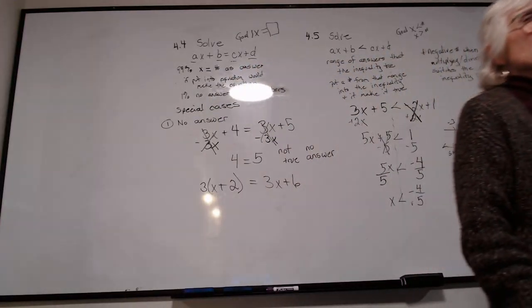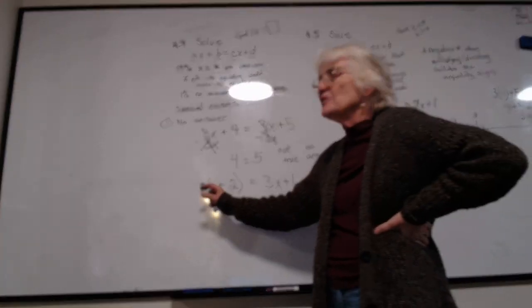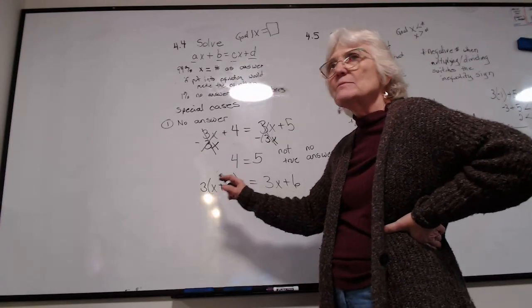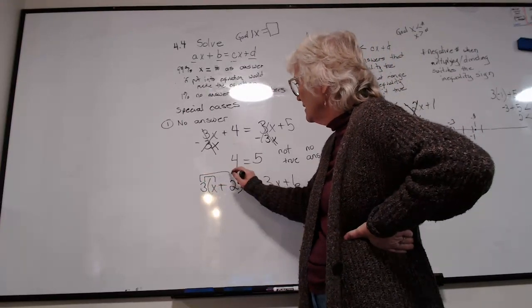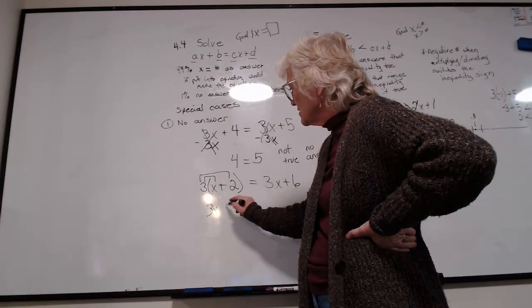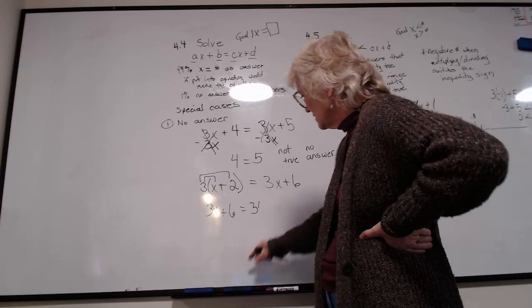I want to make this a little harder, but I think most people can look. Our first job would be to do what? Get rid of the 3. Well, how about if I, oh, distribute? Distribute would be first on this one, okay? So I would get 3x, 3 times 2 is 6, equals 3x, whoops.